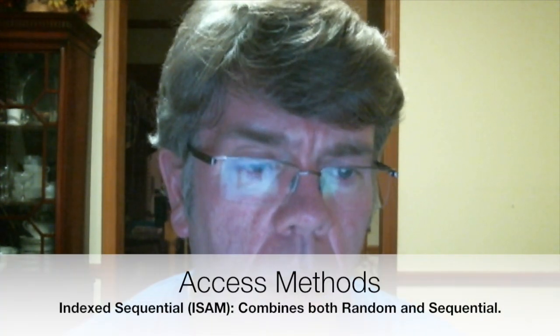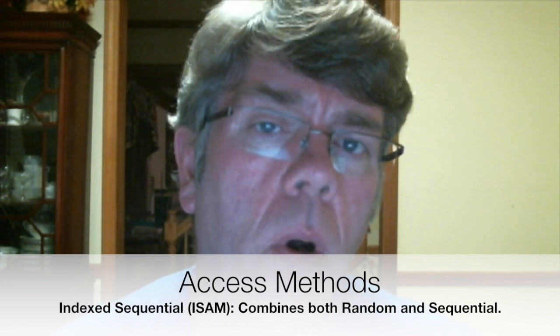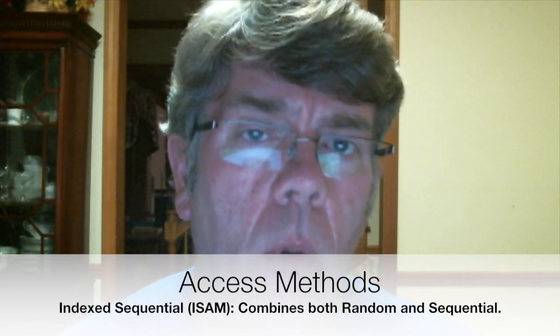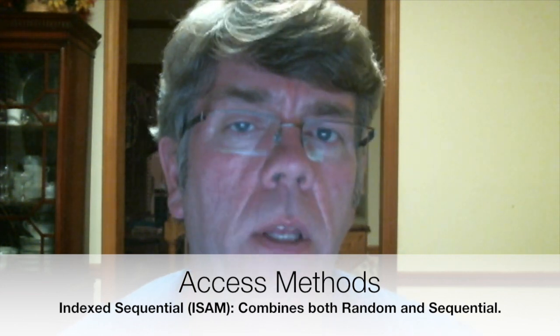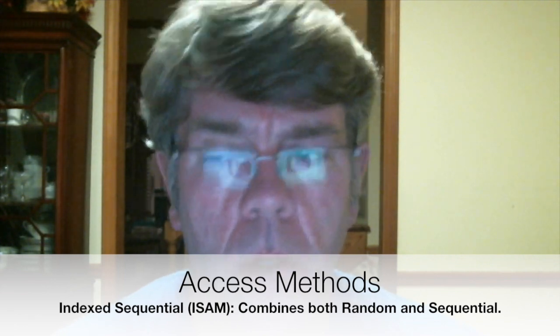Now, there is a third type of database access method, and that is index sequential. In index sequential, the file is actually stored sequentially, so you can treat it as if it is a sequential file and just read all the records straight through. The advantage of that is sequential access is actually faster if you're going to read the entire file.